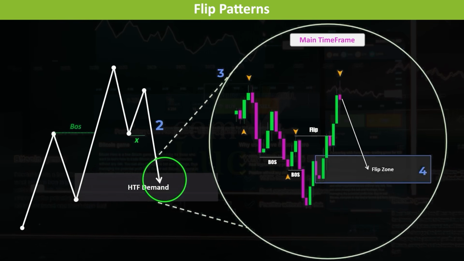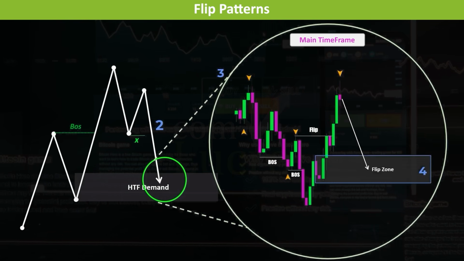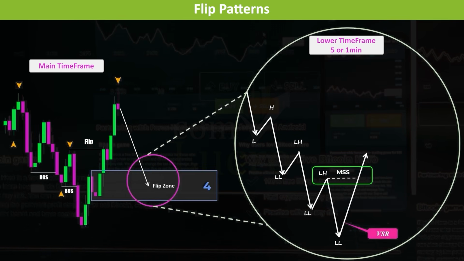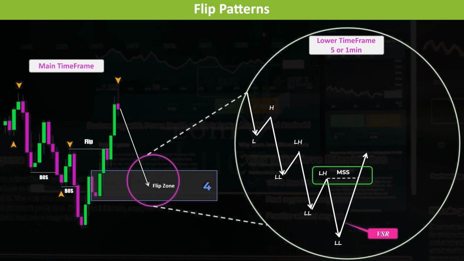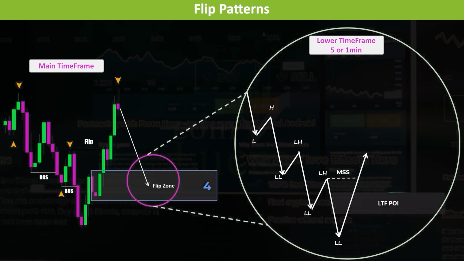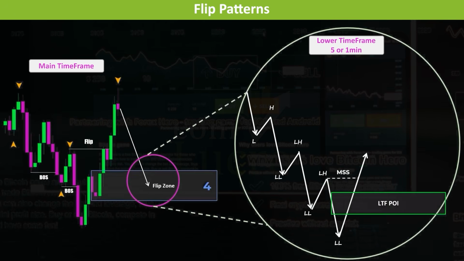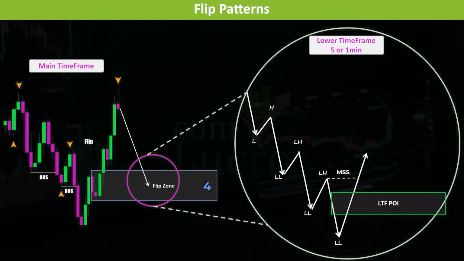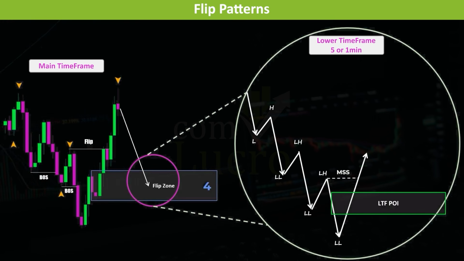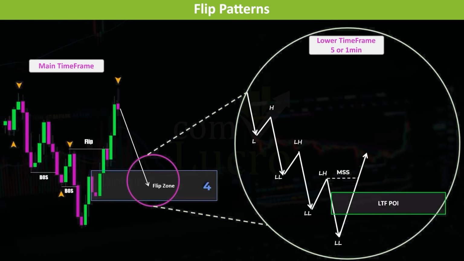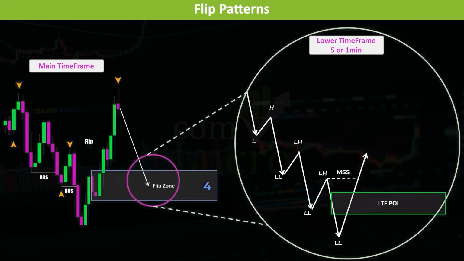Once price taps back into the flip zone, zoom into a lower time frame and closely monitor for reversal signals, such as VSR patterns or a clear market structure shift. At this point, we have 2 different entry approaches for opening a long position. Each has its own strengths, the mitigation block and the breaker block.